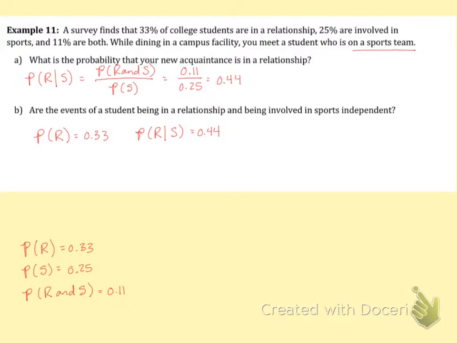Since these values are different, I know that being on a sports team has affected the probability of being in a relationship. So since the probability of being in a relationship does not equal the probability of being in a relationship given that a student is involved in sports, then the events are not independent.